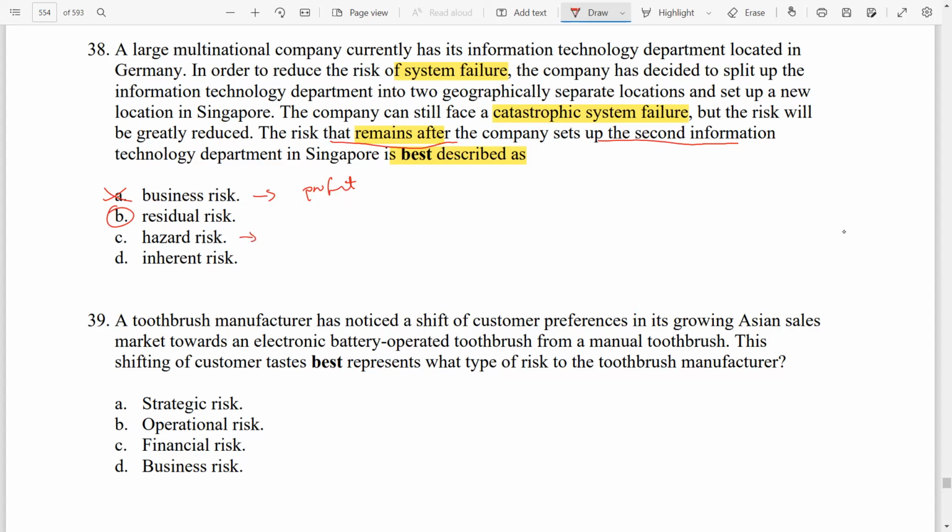Hazard risk is risk for buildings and natural disasters and things. That is hazard risk. Inherent risk is the risk that is there without making any attempt. So the correct answer is residual risk, that is, the risk remaining after management attempts.